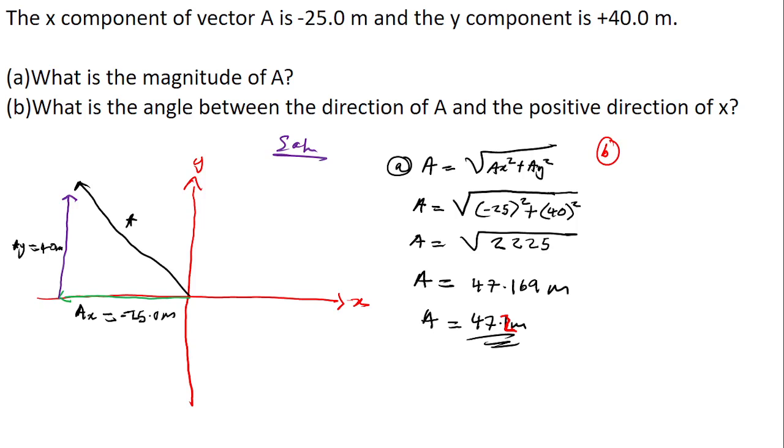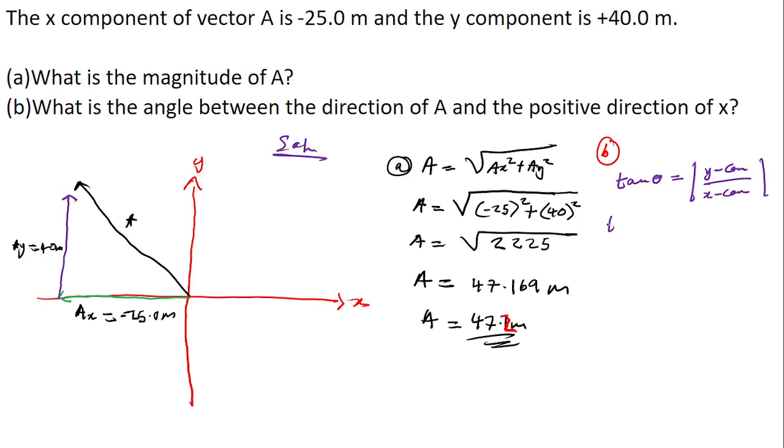What are you having? Yes, I'm now having the 2225. Okay, so the next one is you're going to use tan theta is equal to the modulus of the y component over the x component.